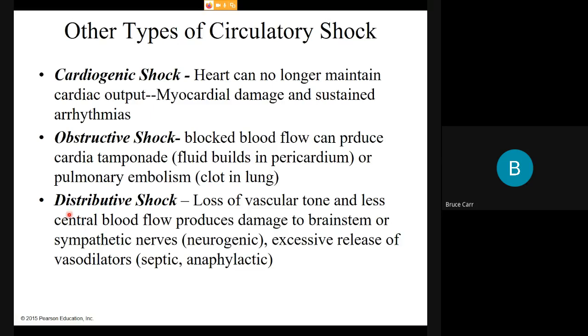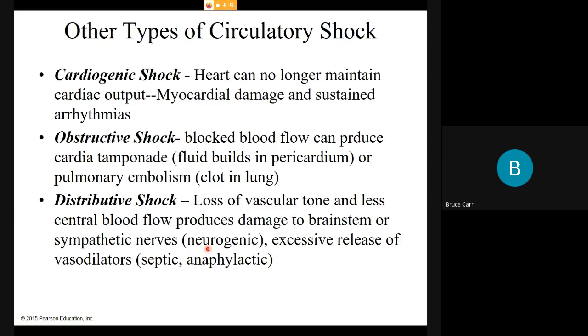If we lose a lot of blood, we lose control of the ability to direct the blood to the part of the body that needs it. When it's being distributed correctly, that's called vascular tone. That means that your cardiovascular system is operating in balance. Distributive shock results when circulation is deprived of blood, and it can damage various parts of the body like the brain stem or sympathetic nerves.